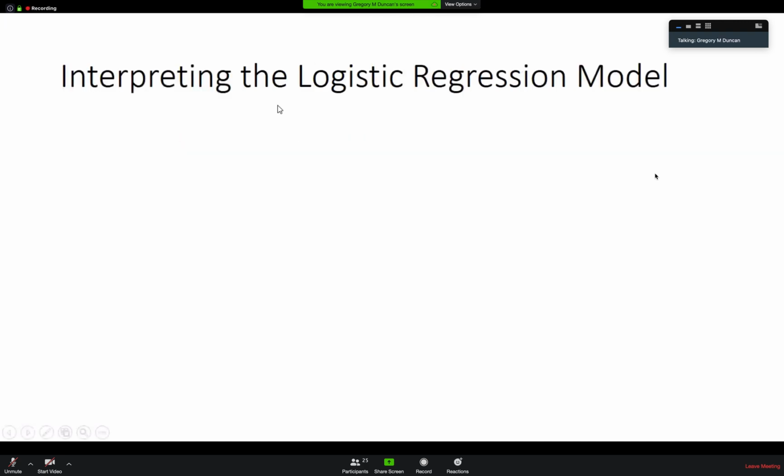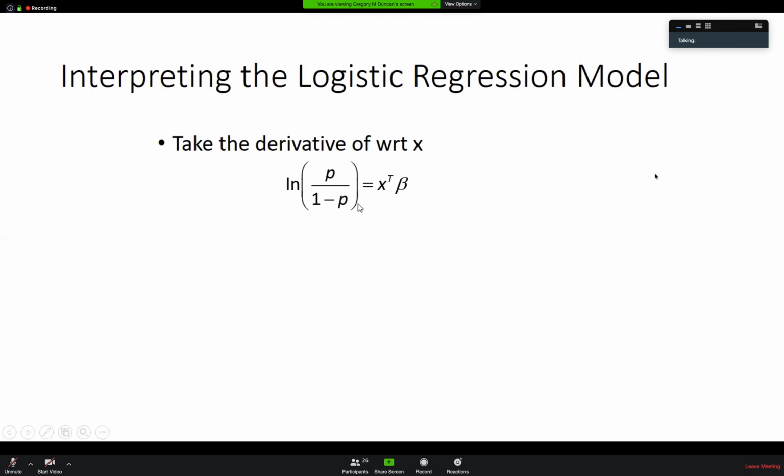So interpreting the logistic regression model. What's going on here? We take the derivative with respect to x. So we have the log odds. These are called the log odds, and this is called the Logit Transform. So the log odds is equal to x transpose beta.